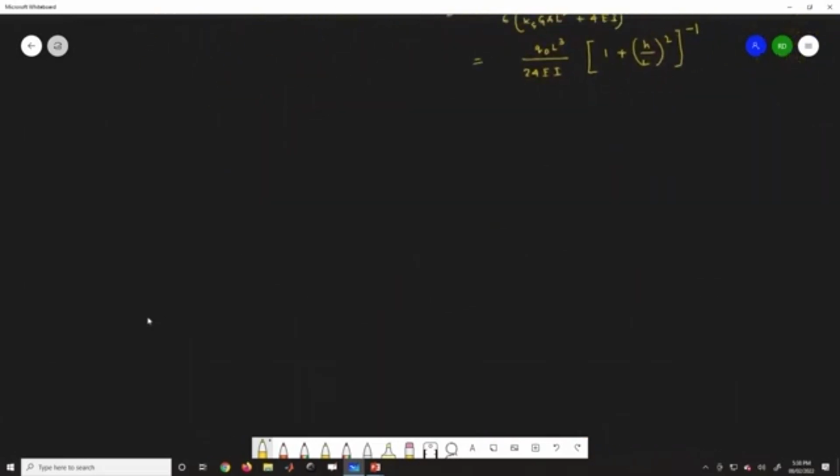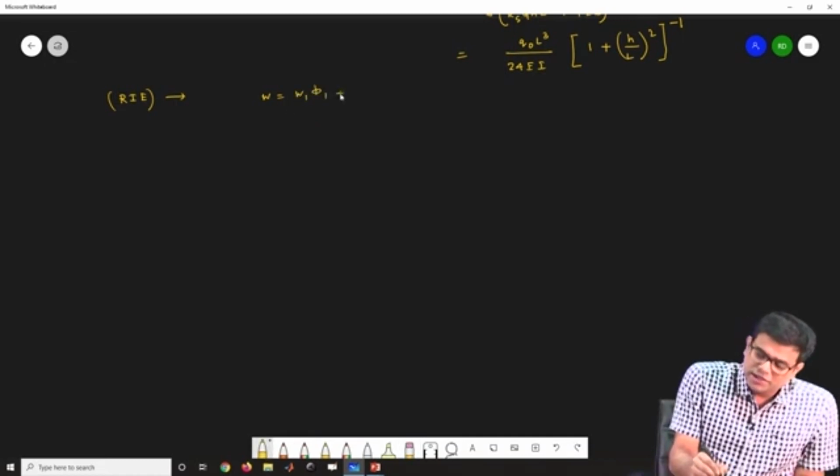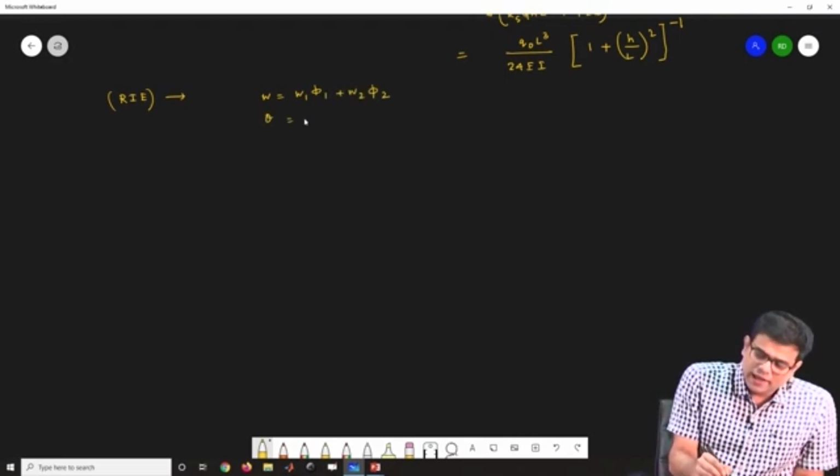So in the higher order element also we can, for instance, in the reduced integration element, what we are interpolating is W as W1 phi 1 plus W2 phi 2, and for theta it is theta 1 phi 1 plus theta 2 phi 2.